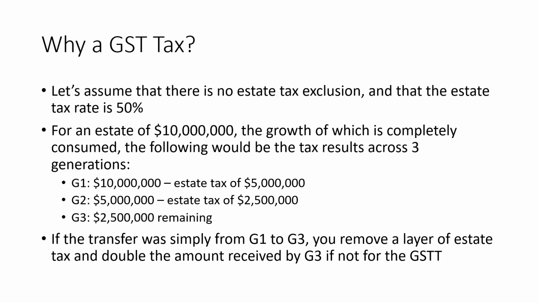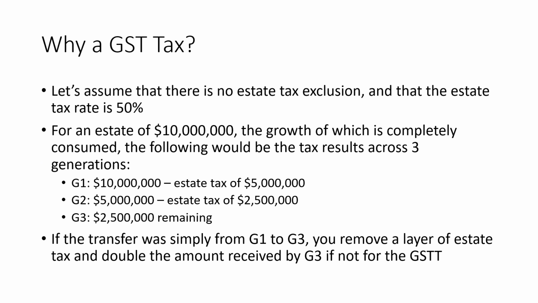If that were the case, then if there was an estate of $10 million held by the first generation, and the growth is completely ignored, the following would be the tax results across 3 generations. First, Generation 1 has $10 million, then upon their death, a 50% estate tax comes out, and that leaves $5 million for Generation 2.